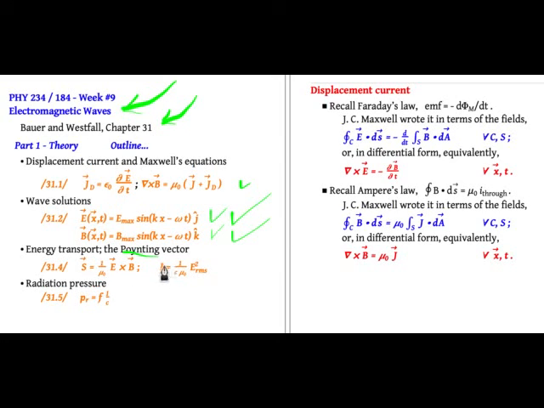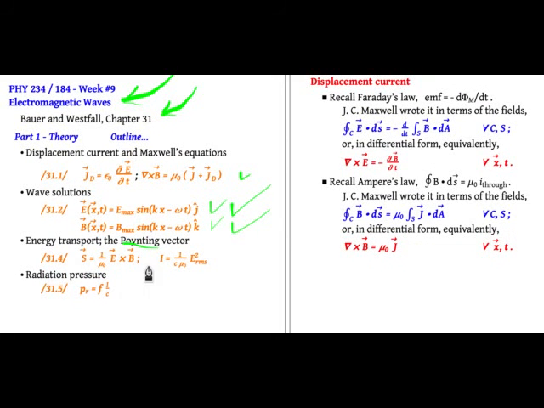We define intensity as the time average of the Poynting vector. So intensity has the same unit as the Poynting vector, namely the unit of energy flux. It's energy per unit area per unit time, or it's power per unit area.